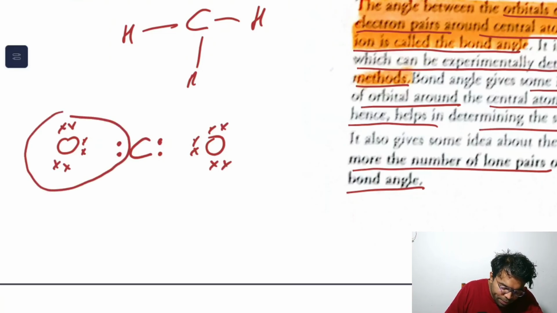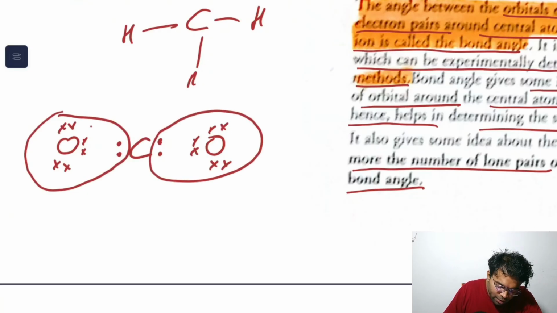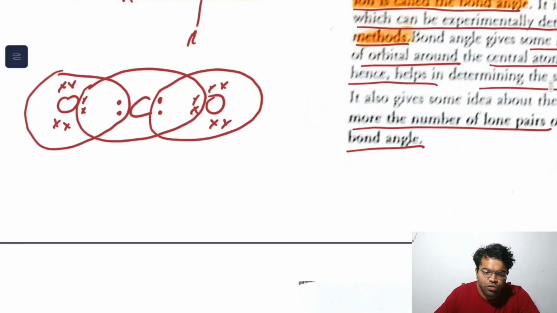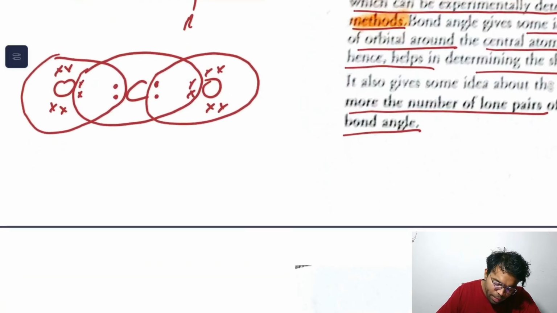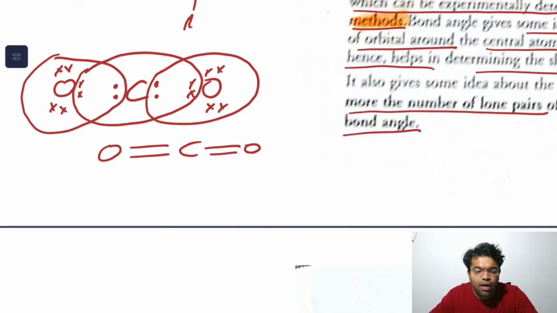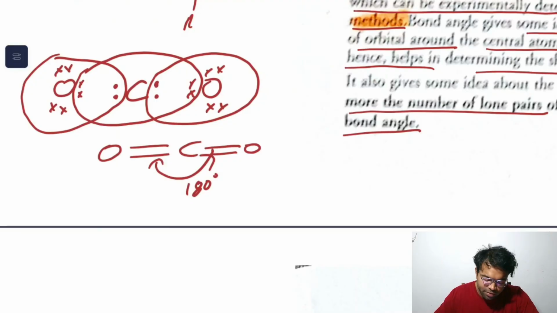There is an overlap taking place here, and here, and also like this. This is the Lewis dot structure of carbon dioxide. Now, when we draw this, we can draw it like this. This is nothing but a straight line. The angle between the two oxygen atoms is actually 180 degrees.